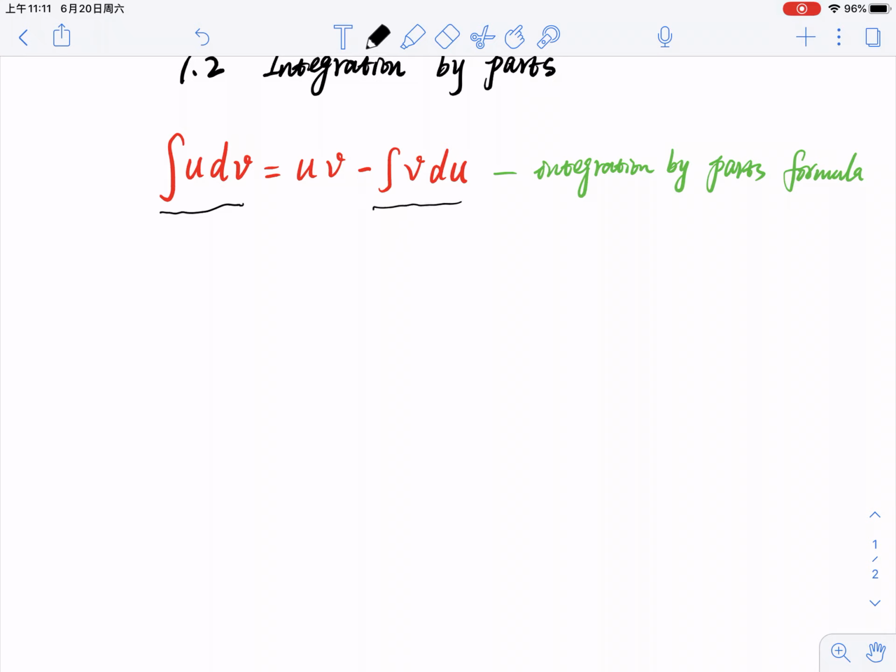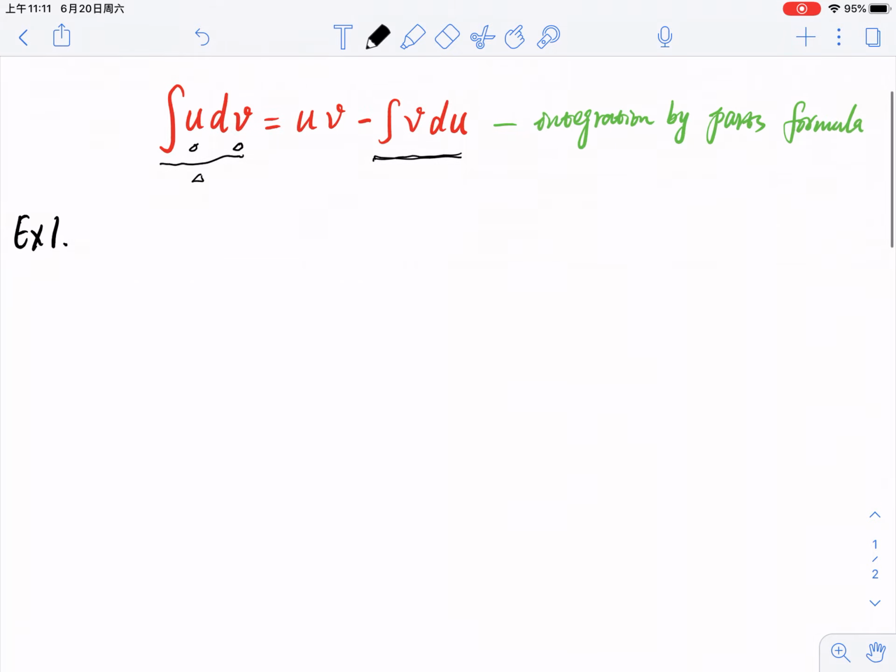This is the most common form of the formula. The idea is to choose u and v so that the integral on the right hand side is simpler than the integral on the left hand side. This requires practice, so now let's do some examples.